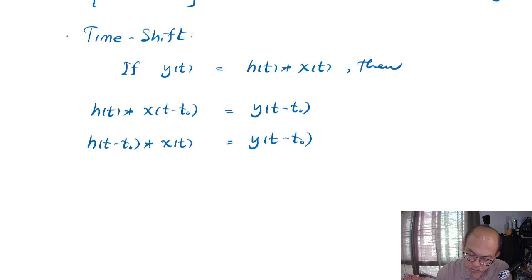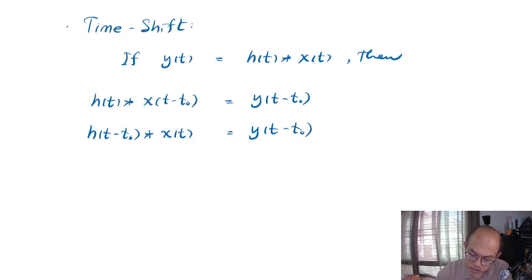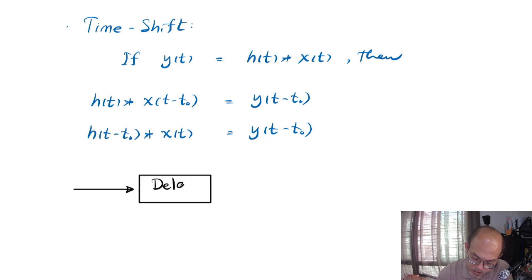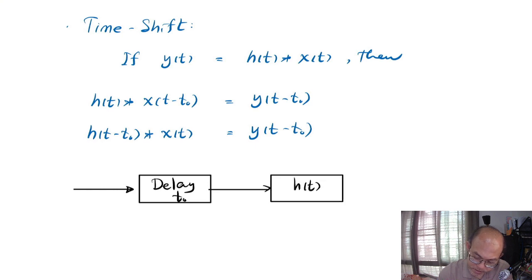So if we look at the diagrams, this one represents this one: we have x delayed by time t0, and then we put it into the linear system h of t, and this is the result.